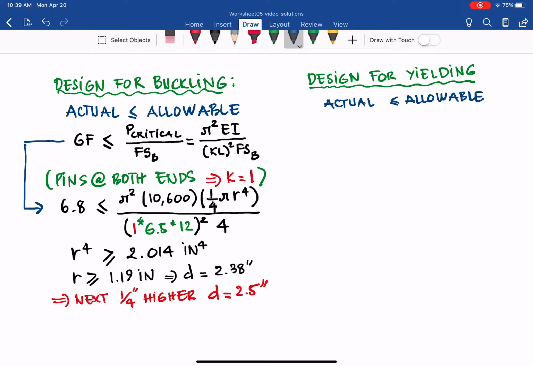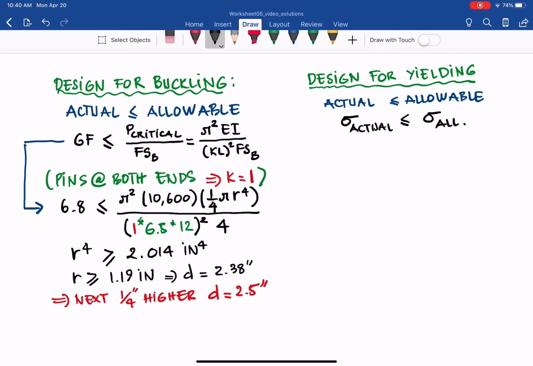For the yield, we are talking about the normal stress, so we will have sigma actual less than or equal to sigma allowable.